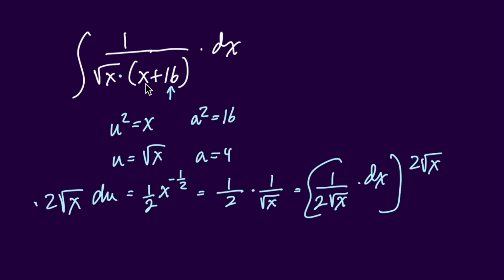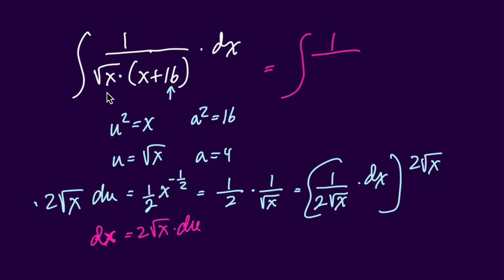And finally, our dx is going to equal 2 times square root of x times du. Okay, so what led me to continue with trying to use inverse trig functions is the fact that the x was in the denominator. Okay, so let's go back and rebuild our integral.